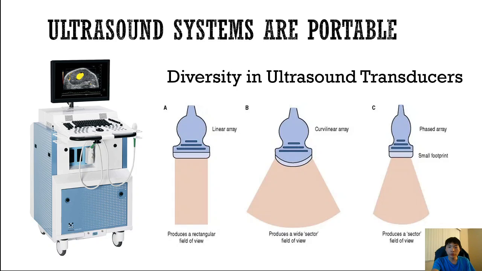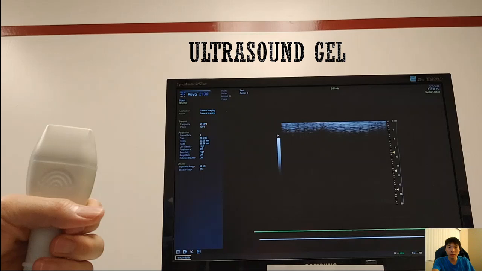So the first step usually in ultrasound imaging is applying the gel to the patient. Why do we need ultrasound gel? You can see here a transducer without the gel, and what you see on the screen is basically just the surface of the transducer.